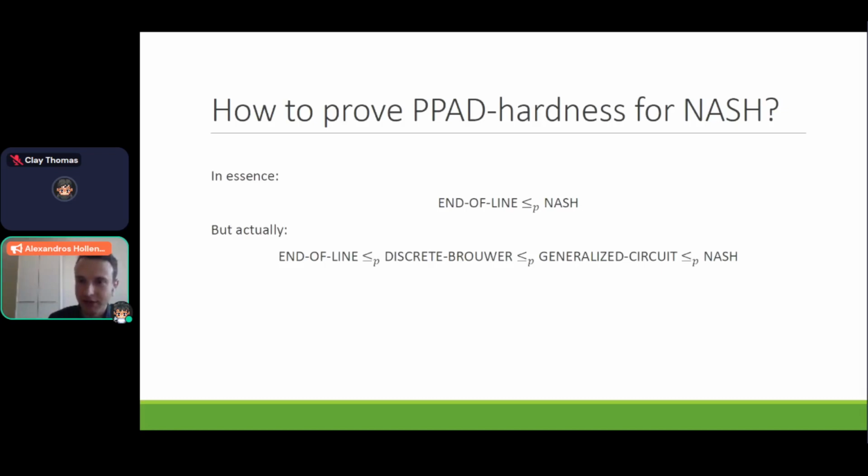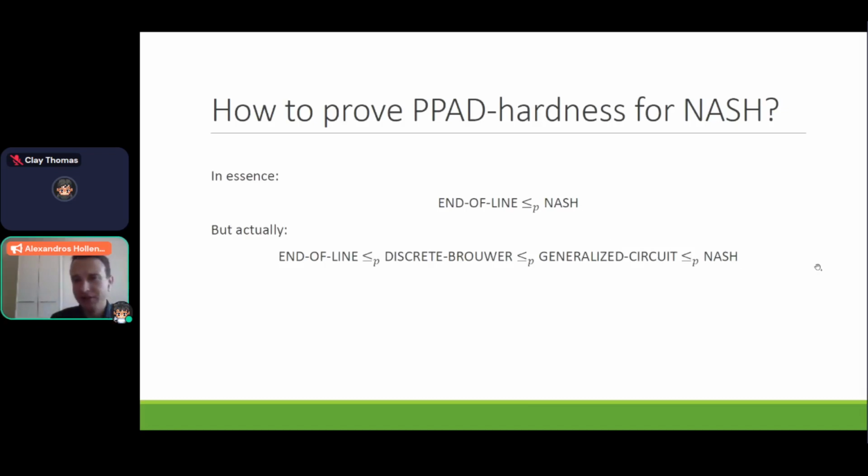It's not a straightforward reduction. So you start from End of Line, you go to Discrete Brouwer, which is a discrete version of Brouwer's fixed point theorem. Then you go to a problem that's called the generalized circuit problem. And then finally, you can reduce to Nash.